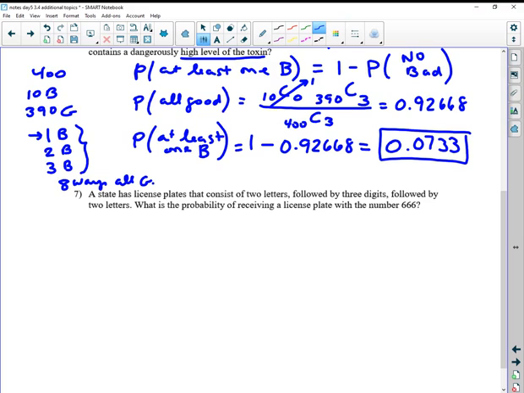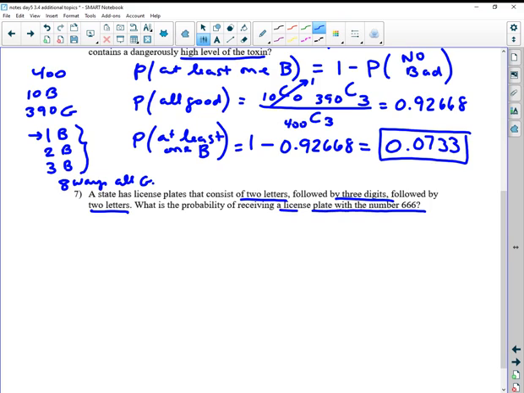And this section is just a lot of similar problems, tackling them this way, tackling them the other way, where you're looking at different techniques for finding the probability. This one being, you want 2 letters, then 3 digits, then 2 letters, and you are trying to find the probability of receiving a license plate with the number 666 on it.